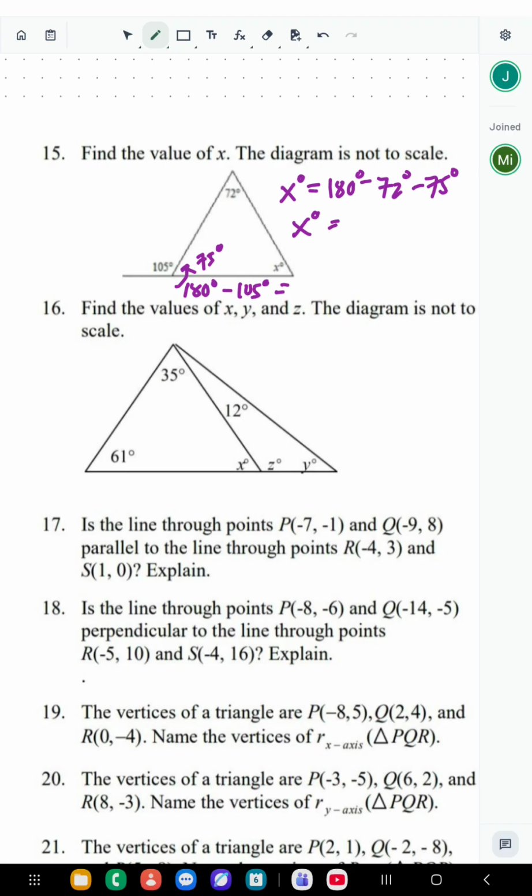So x is 35 degrees. Hold on. Not 35. Oh, it's 33. Sorry. It's 33 degrees.